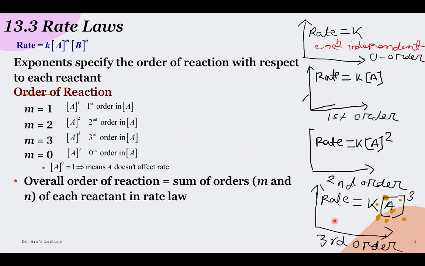Similarly, for the third order reaction, rate equals k times concentration of A to the power 3, that means m equals 3. So when we find the exponent m equal to 3, this is a third order reaction.